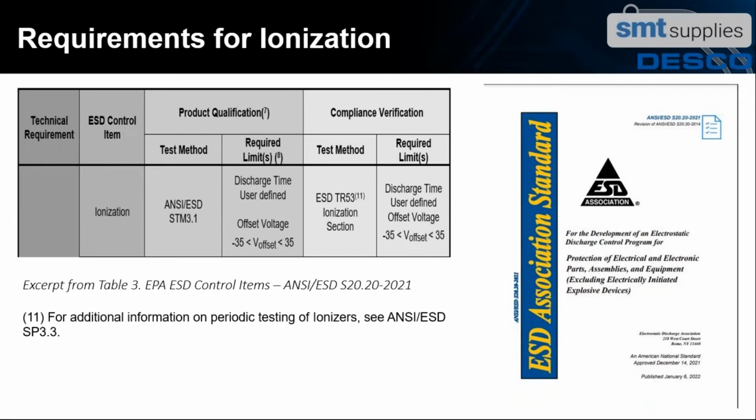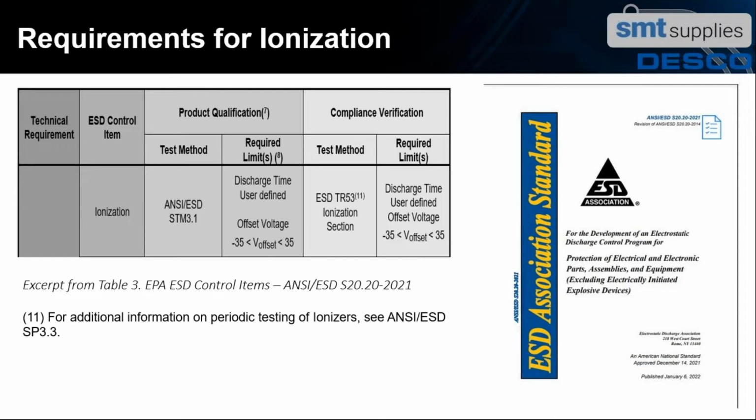This is from S20.20 2021, and it's the product qualification and compliance verification information on ionizers. So product qualification is basically, as a user of ESD products, you should be qualifying them before you use them. And that can be done either by sending them out to a lab, independent lab.